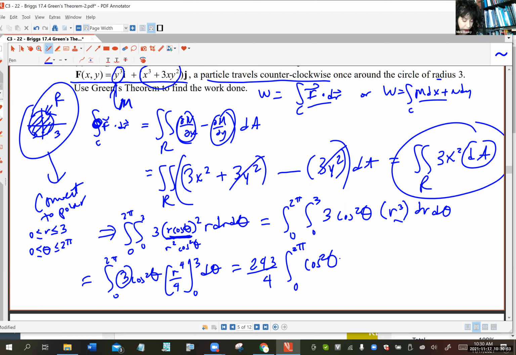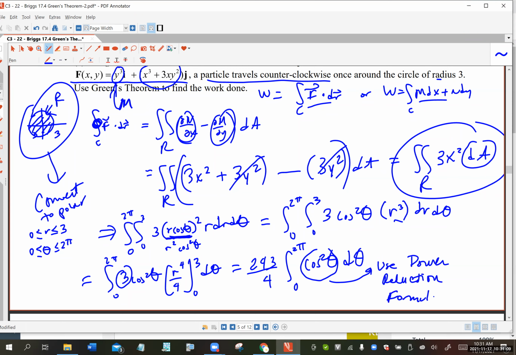Now, does anybody remember what to do with a cos squared? Yes. Half angle identity. Yeah. Half angle identity. I don't call it the half angle. What do I call it? Power reduction formula. Yeah, because that's what you're doing. You're taking a power of cosine squared, and you're reducing the power of it.